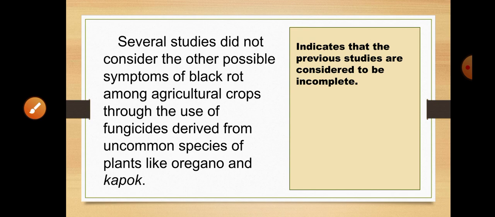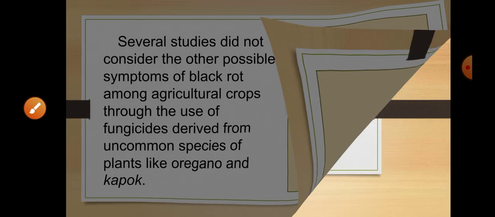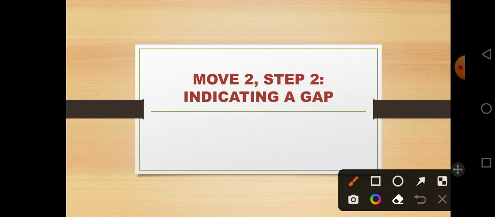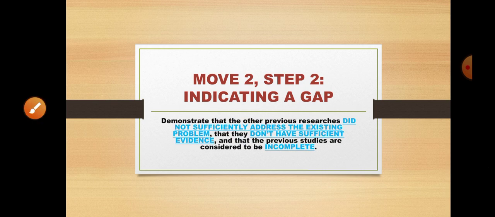So, we need to say, class, there is a need for you to indicate a research gap. So that will be the main concern of step 2 of move 2. You have to indicate that there is a research gap. And how will you indicate a research gap?